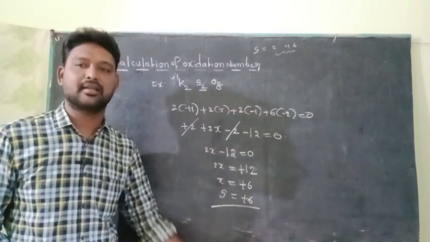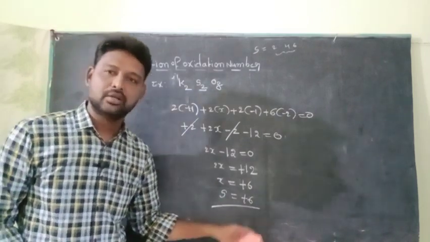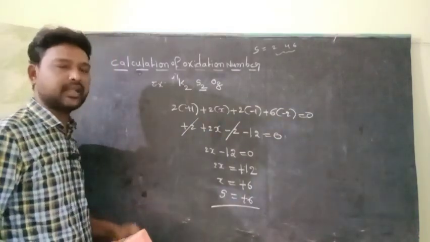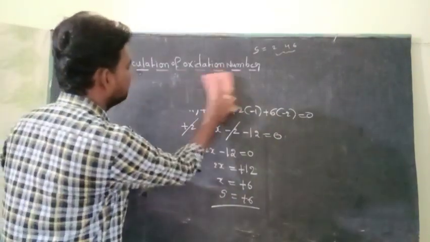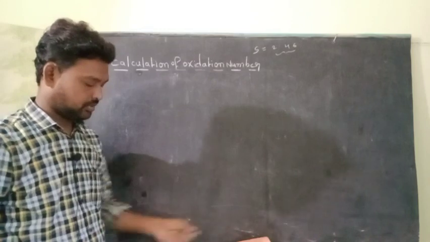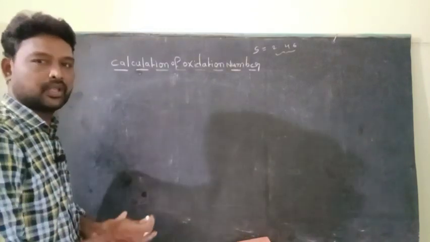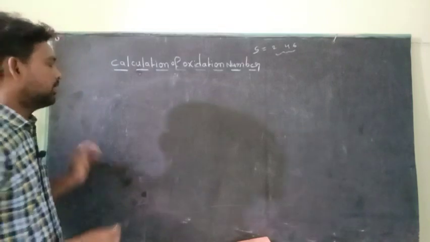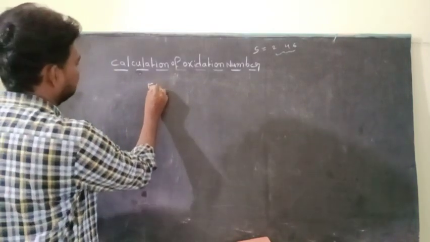This is the correct answer. Okay, can you understand? This is a very, very important example of peroxy compounds. So next, one more example: H2SO5.